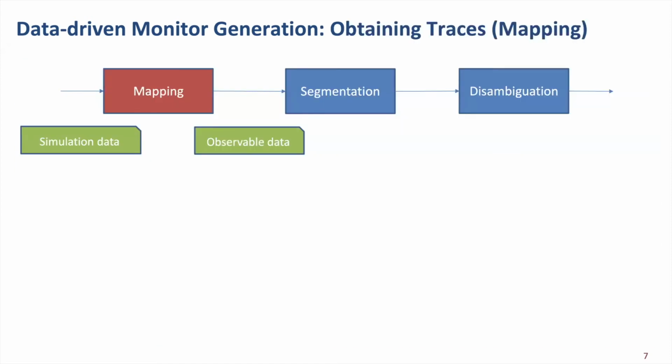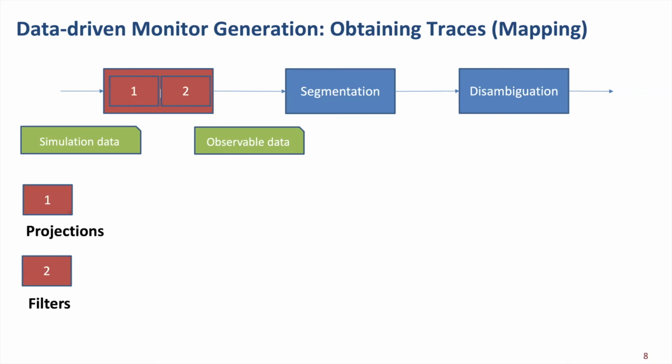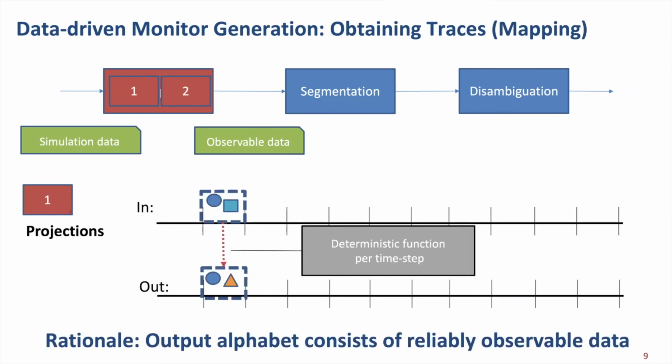Mapping, the first phase, takes the simulation data and tries to generate data from that is observable at runtime. And so that can be used as a basis for our decision making. This is then again 2 phases. The first one, projections.